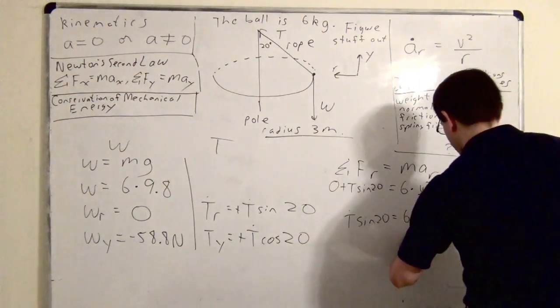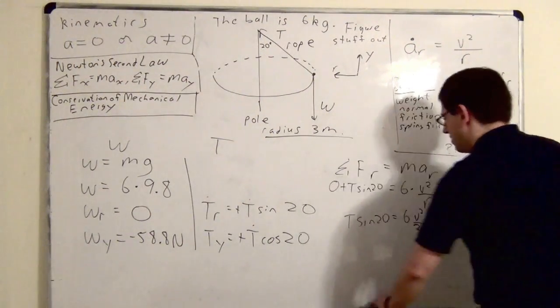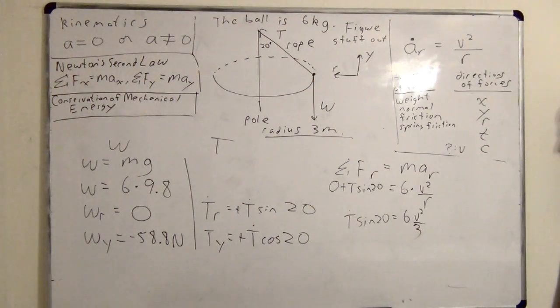So now what? v squared over r, two unknowns, and then we plug it back in. So now what? Isn't T unknown? It is an unknown, yeah. So we can't solve it.